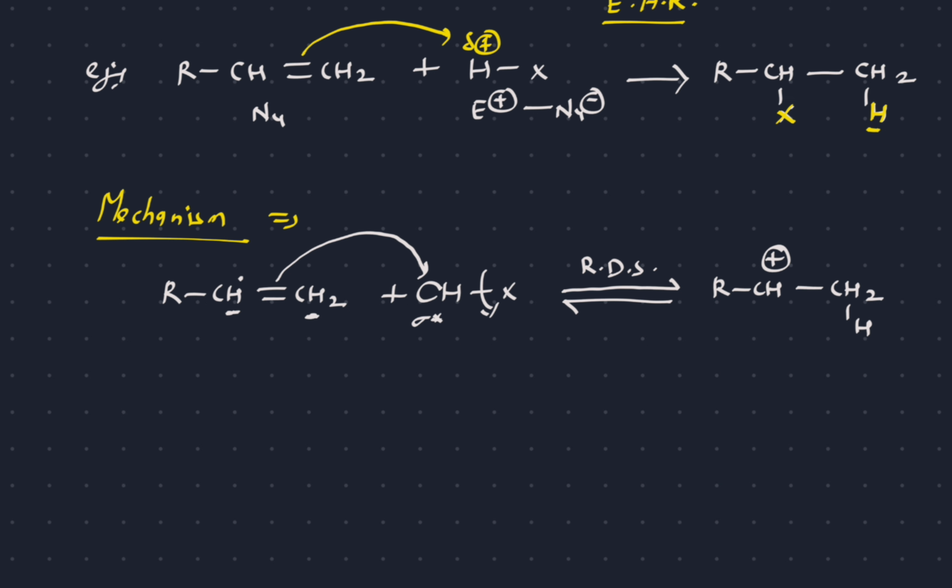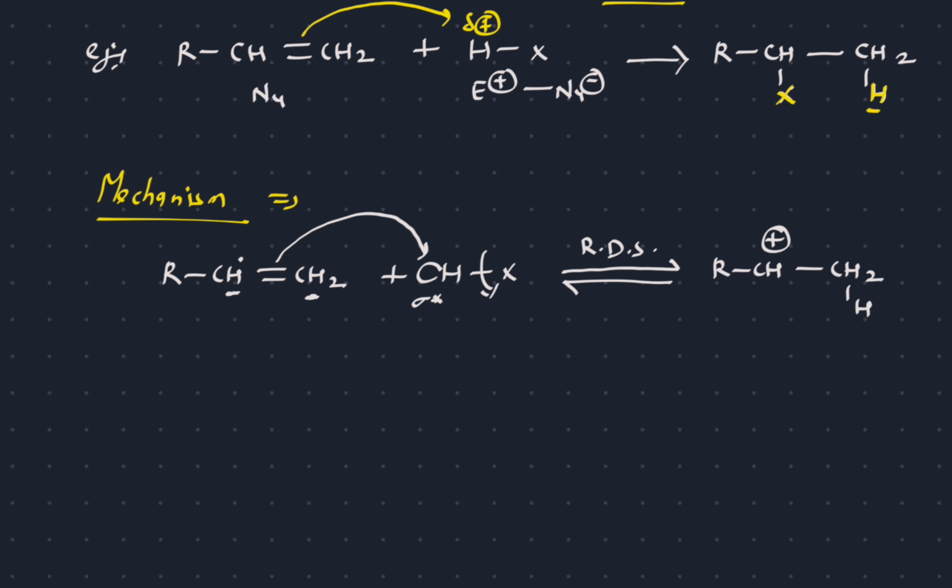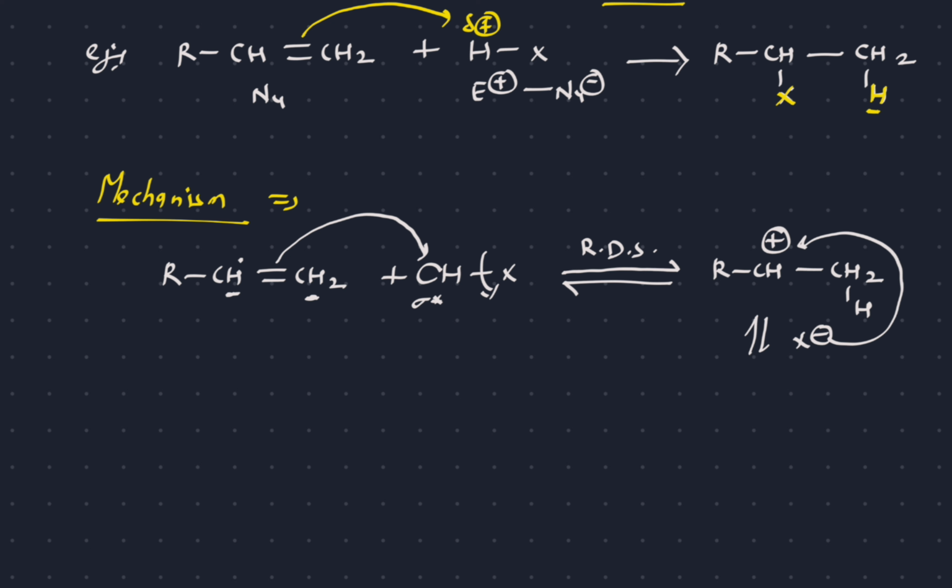We have two options, but we will form the more stable carbocation. Otherwise, the minor carbocation can also be formed. In the next step, the halogen will attack this carbocation. So the product is CH, CH2, with hydrogen and halogen.